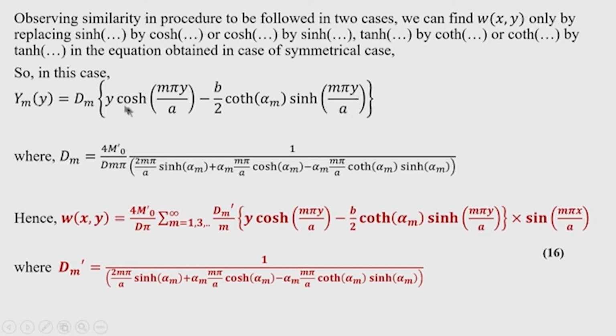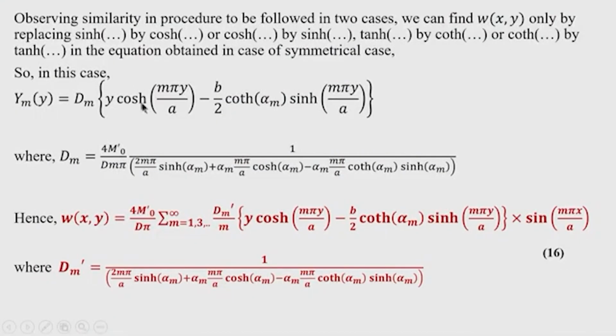In the earlier case this was a sin hyperbolic term, so the product of two antisymmetric terms was symmetric. But now, since this is an antisymmetric problem, sin hyperbolic is replaced by cos hyperbolic, and therefore the product of one antisymmetric term and one symmetric term is antisymmetric.